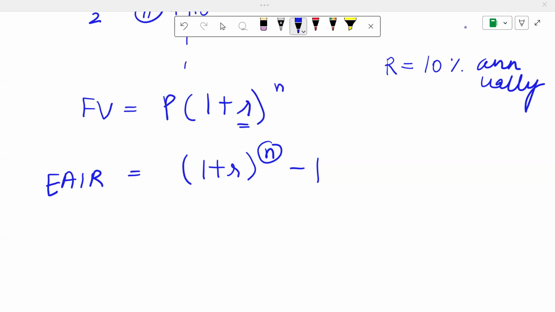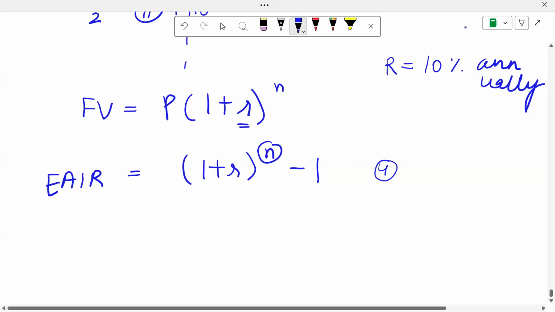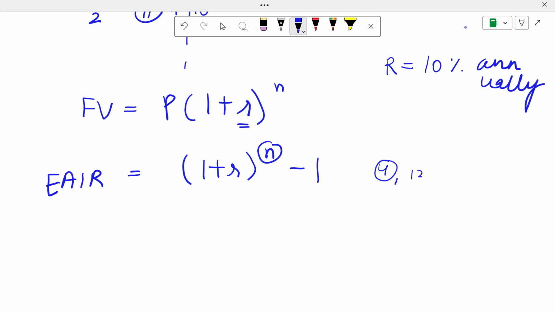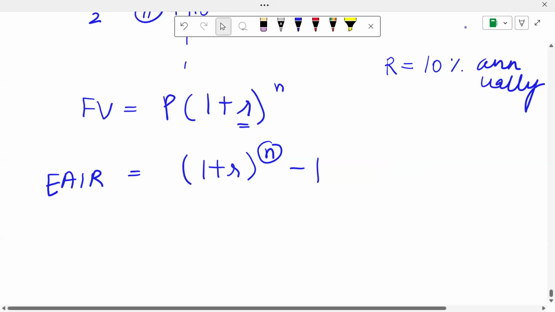If your interest is compounded quarterly, n is going to be 4. If it is compounded every month, it's going to be 12. If it is compounded 2 times in a year, then n is going to be 2. This is how the n that you put over here works.